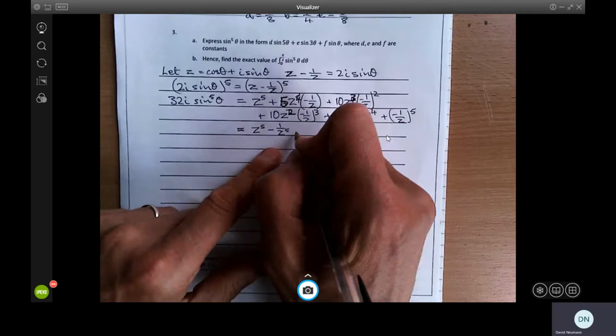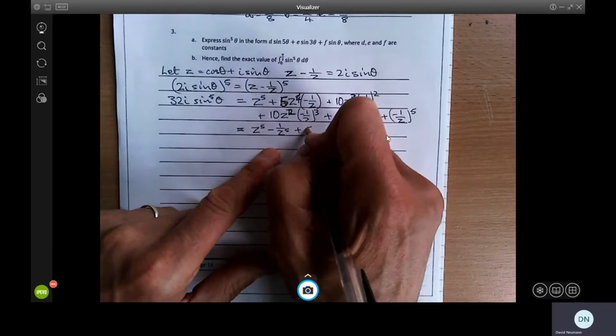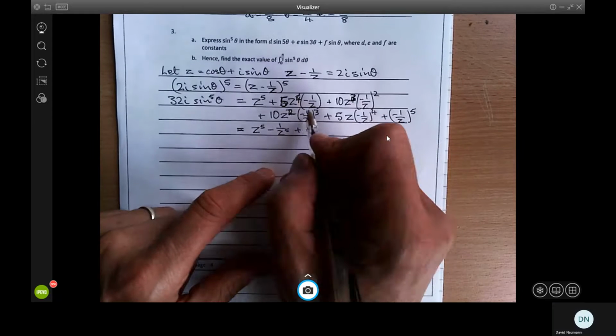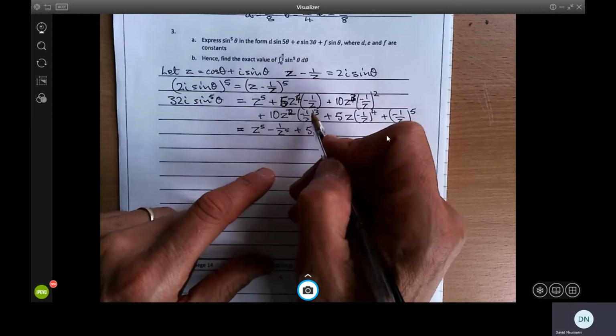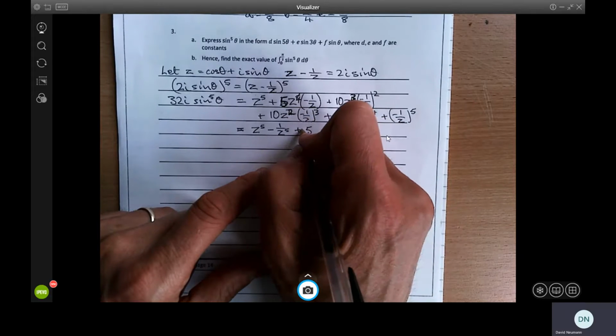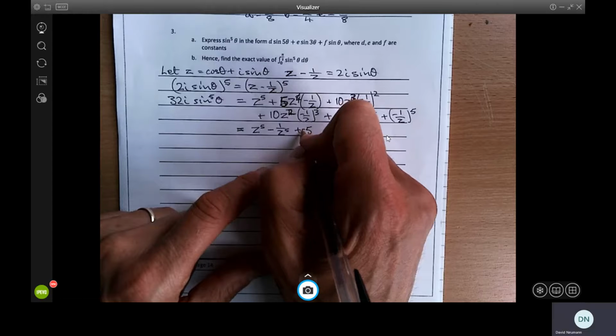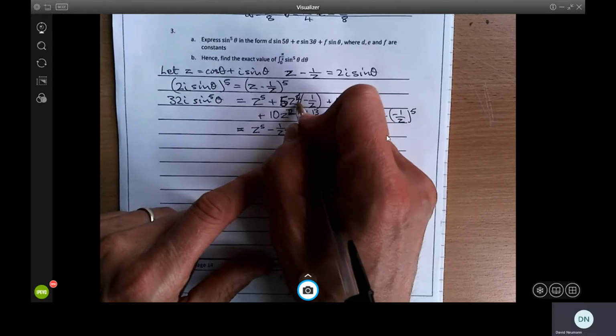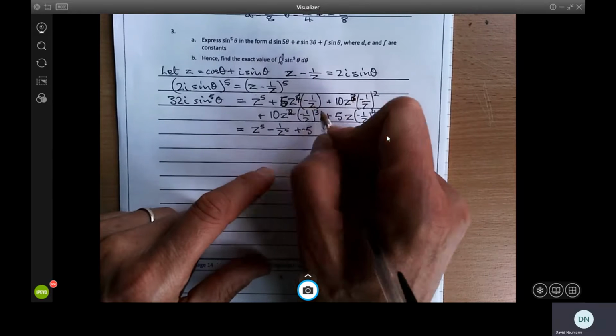So plus 5, or sorry, that should be minus 5. We could have taken away that plus, couldn't we? Minus 5. z to the power of 4 divided by z is z cubed.